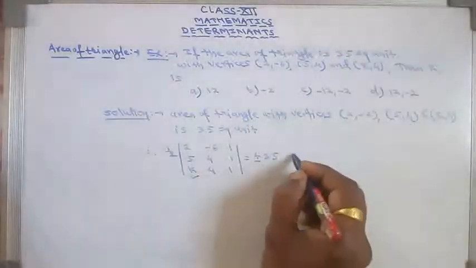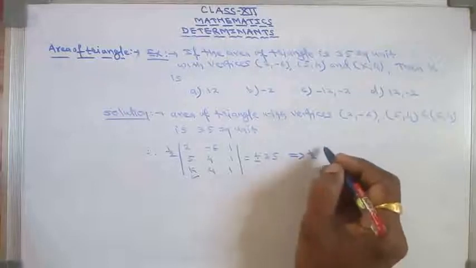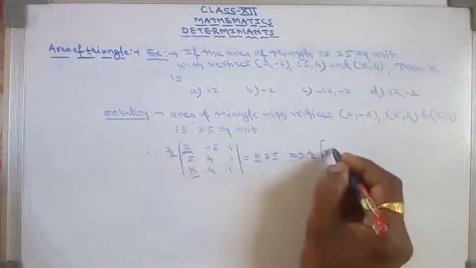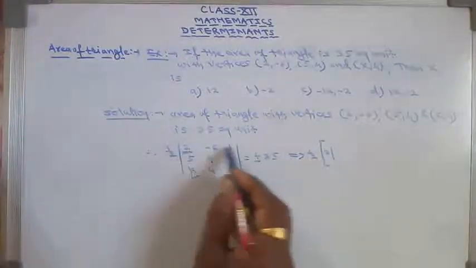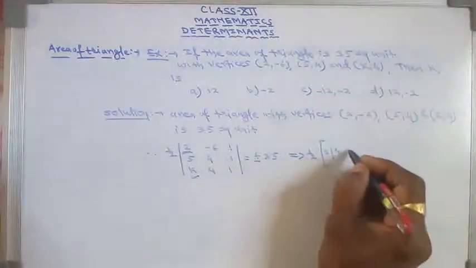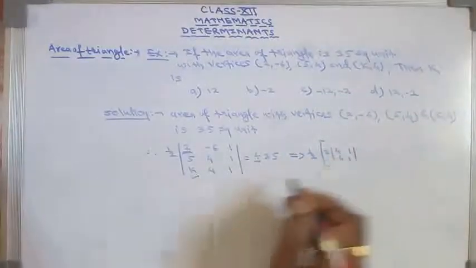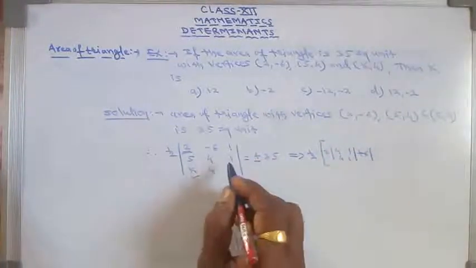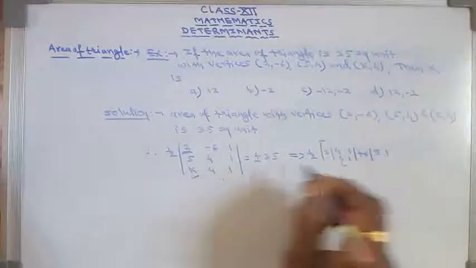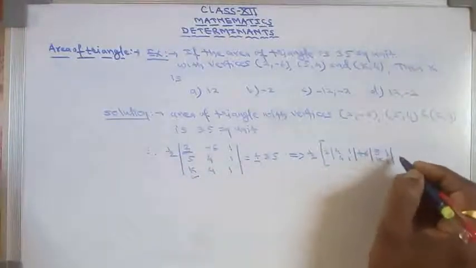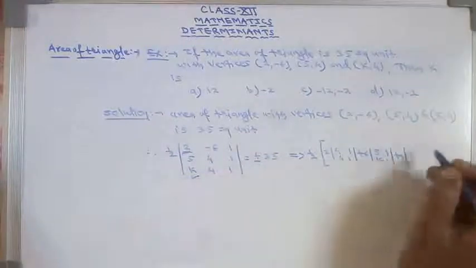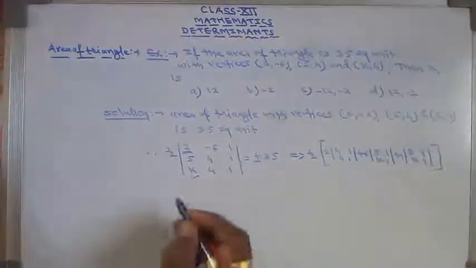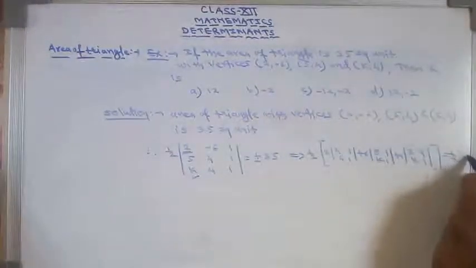So half into, this 2 into the determinant, leaving this row and column, 4 1; 4 1, then minus of minus 6, that is plus 6 times the determinant 5 1; k 1, then plus 1 into the determinant 5 4; k 4, equals plus minus 35.